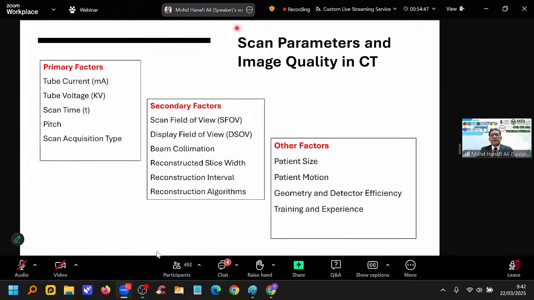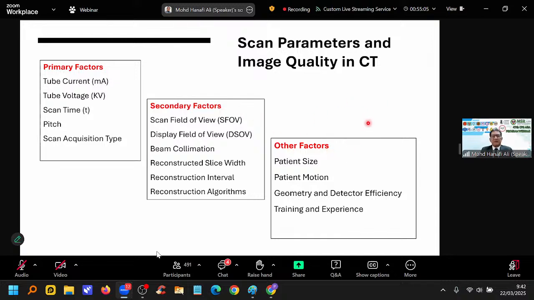All right. Scan parameters, image quality in CT. Actually, we have three main factors related to CT scan. The first is the primary factors, then secondary factors and other factors.